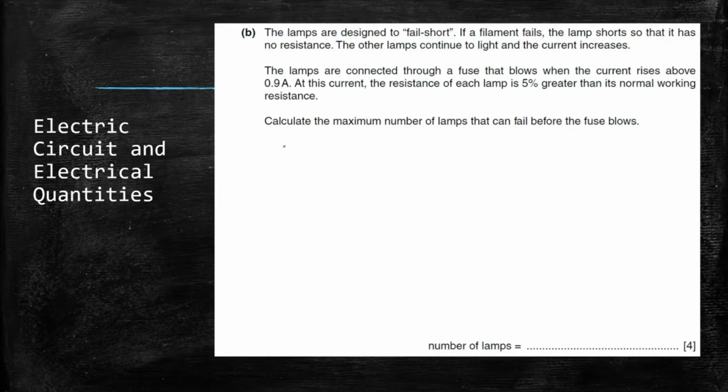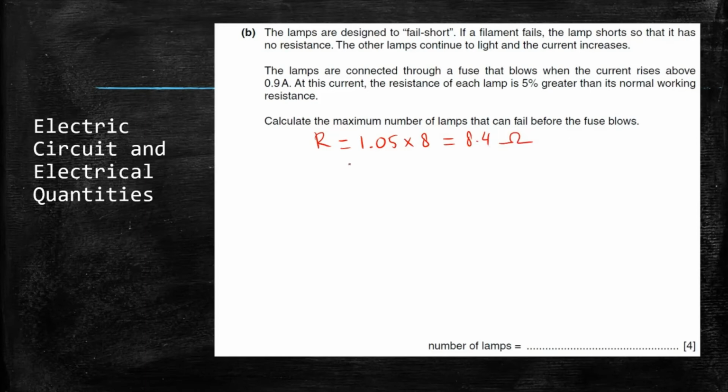Then, the resistance will become 1.05 times 8. 1.05 comes from 1 plus 5%. 8 is the resistance of each lamp before the current rises. This equals 8.4 ohm.